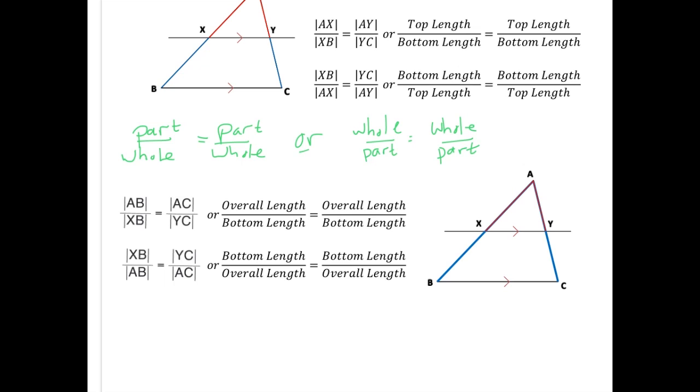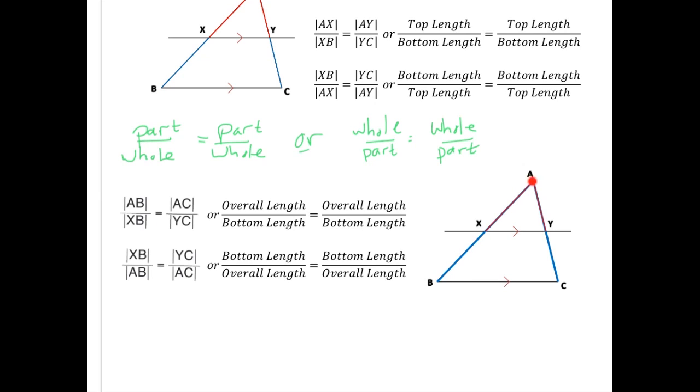What I mean by that is if you take that same triangle and have it cut by this line XY, then the ratio of the whole length to a part of the line will be equal to the ratio of the whole of one of the other lengths divided by the corresponding part of the line. So in this example here, what I've taken is the overall length of this left side, AB, divided by the length of the bottom piece, XB.